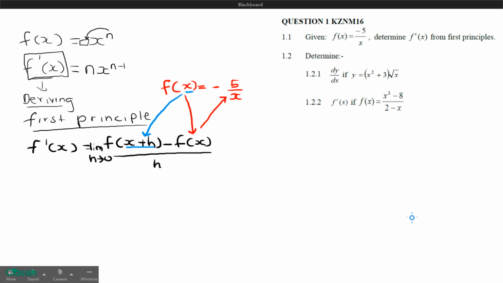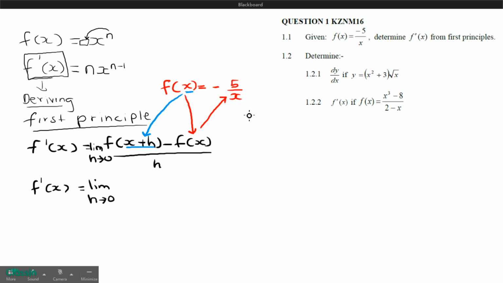So what we can do here is that we again say f prime of x is the limit. Never forget to write the limit when h approaches 0. Now, where do we get this f of x plus h? We are now going to substitute the value of x with x plus h.